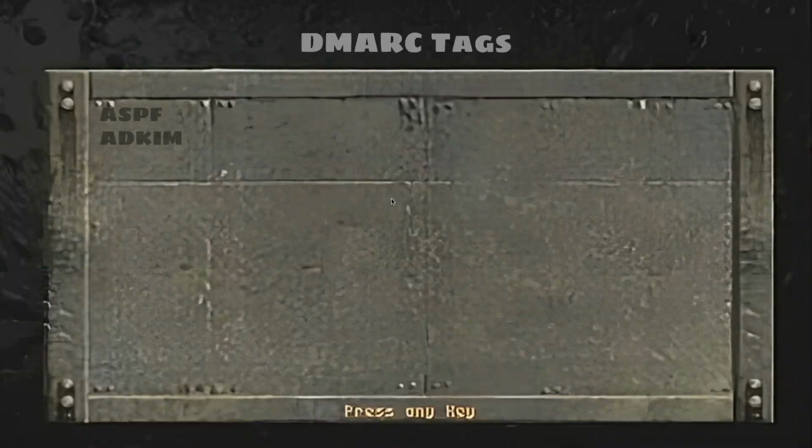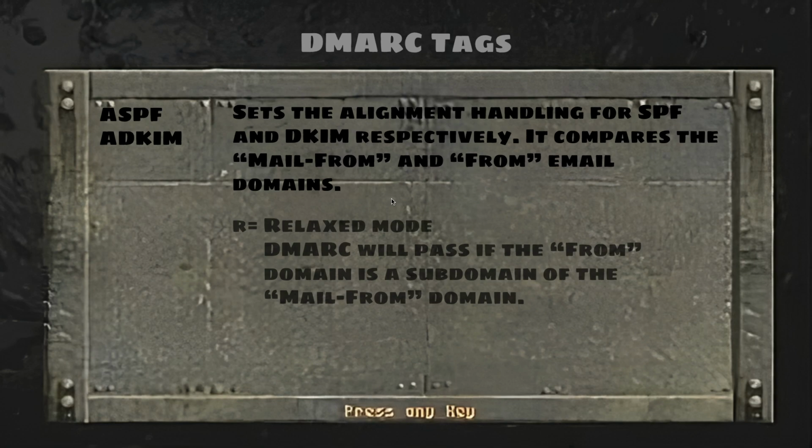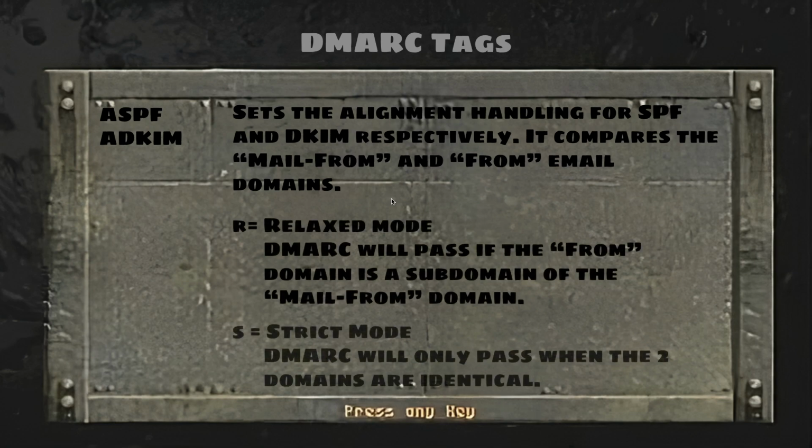All right, some more tags. There's lots of tags. ASPF and ADKIM set the alignment handling for SPF and DKIM. It compares the mail from to the from domain. What this does is this checks the mail from header and it compares it to the from header.